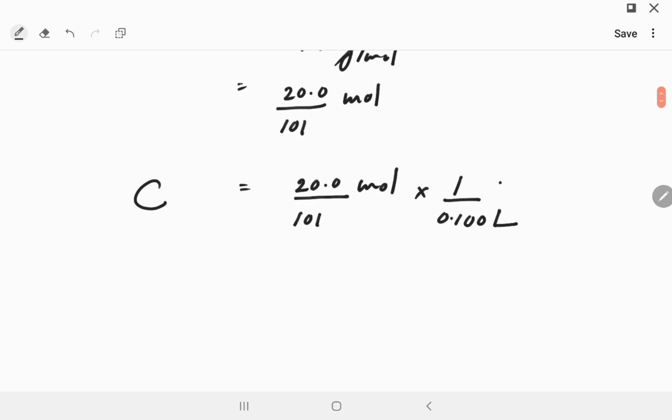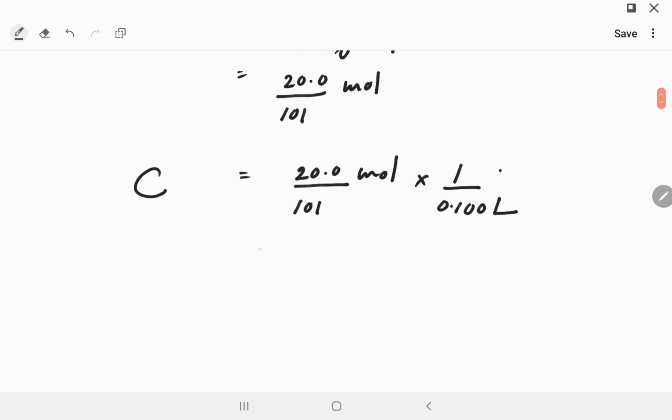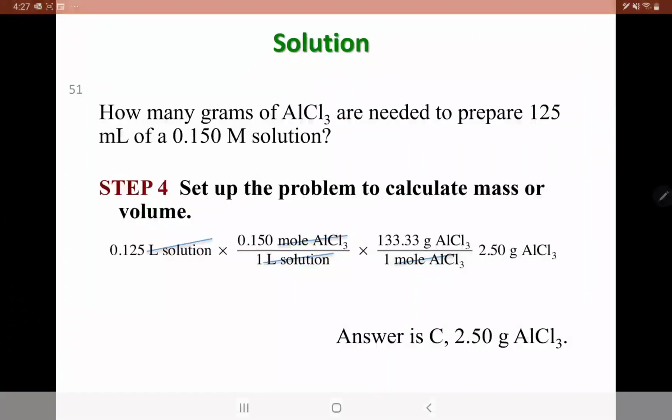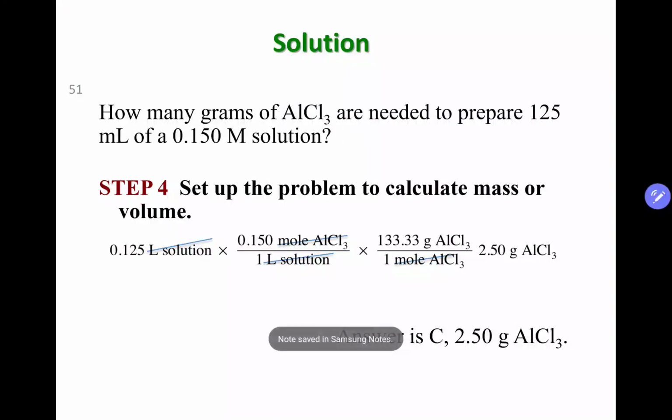Your answer will be in moles per liter. So do the calculation and figure out the answer. Very straightforward, right? Practice the two equations, and you will be more than fine in the exam.